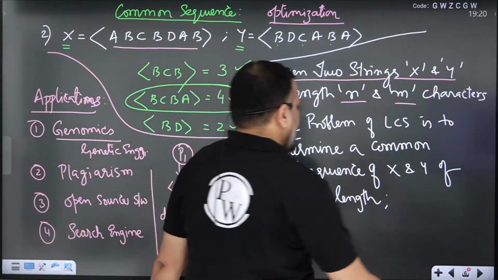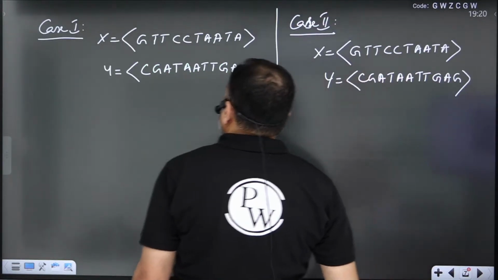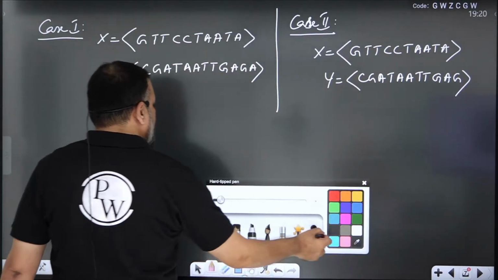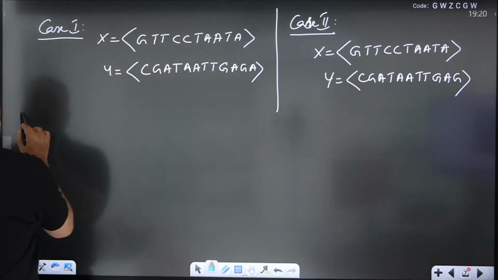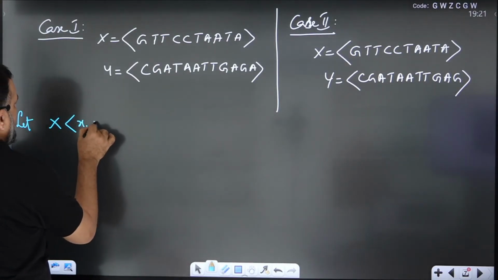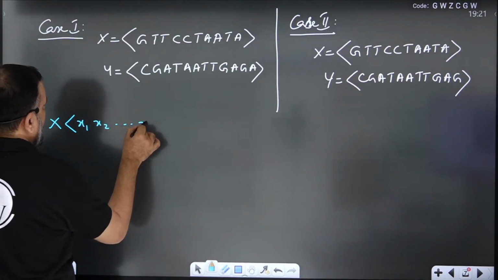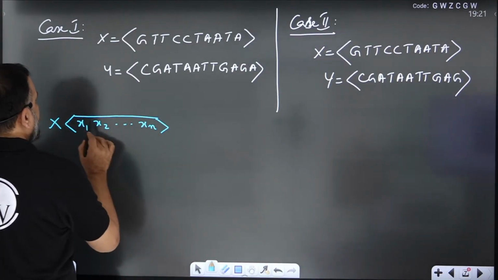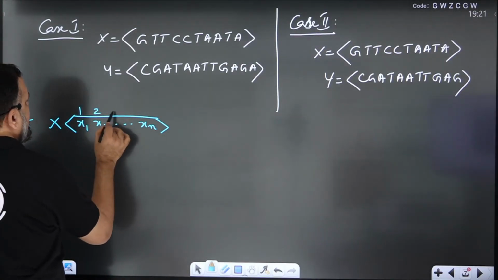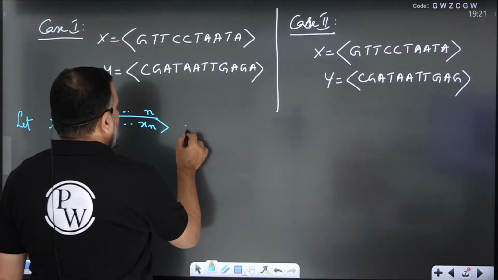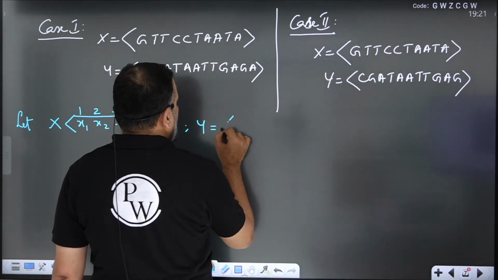Let us build up some ideology here, some terms. I have taken two strings, for example. Let the string x be written as x1, x2, and so on, n characters. Let us assign indices to these characters starting from 1, 2, going up to n. Like that, here we take the string y. I'm making a derivation of the recurrence.